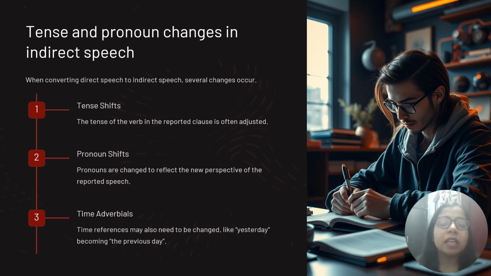Even in plural, we becomes they. Then time adverbials. Yesterday becomes the previous day, today becomes this day, tomorrow becomes the next day. So tense shifts, pronoun shifts and time shifts when we are converting from direct to indirect speech.